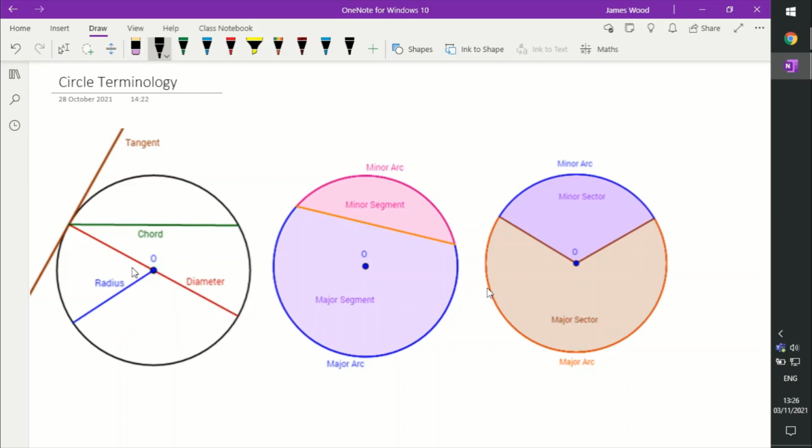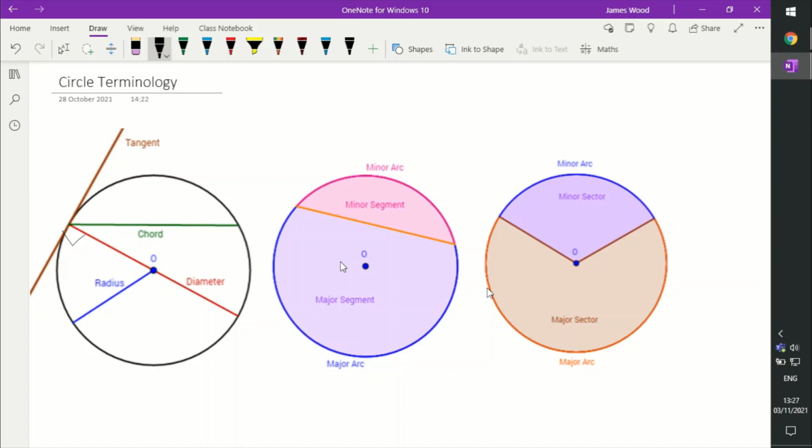A tangent, we know what a tangent is. It only crosses the circle at one point. You should also know that a tangent meets the radius at 90 degrees. That's another useful thing. A chord joins 2 points on the circumference, so 2 points on the edge of the circle, but it doesn't go through the center. So this line here is a chord.